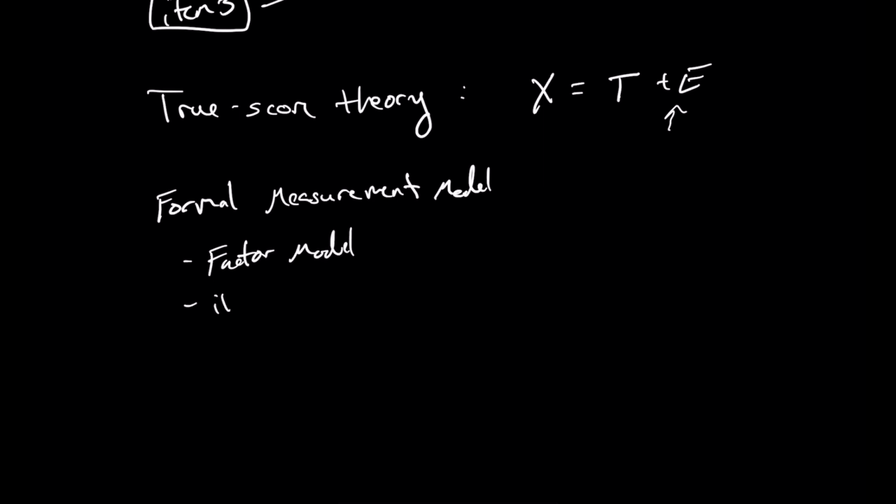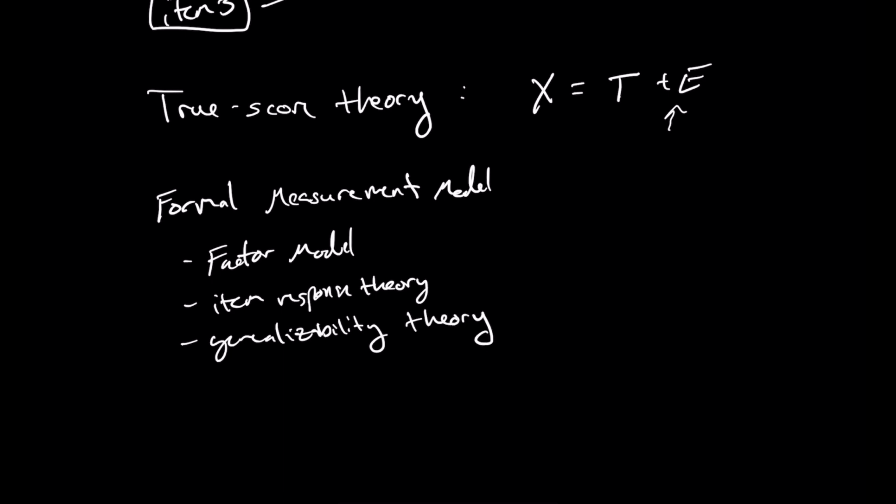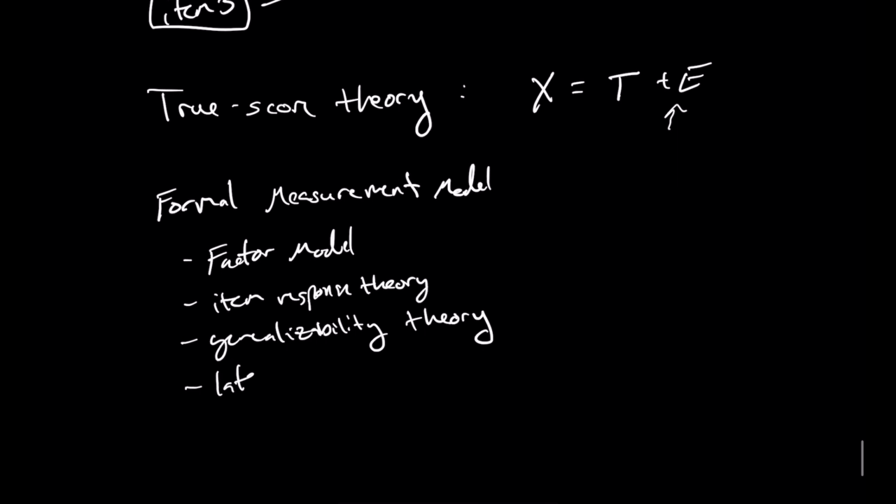We have item response theory, generalizability theory, if I can write fast enough. And latent class analysis. Don't want to forget that one. And these are just formal measurement models for thinking about how an unobserved score and differences on our construct get reflected onto our different items.